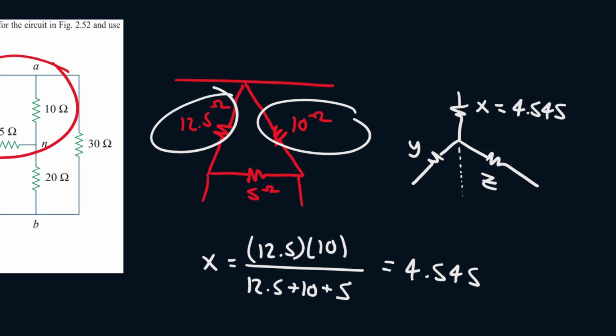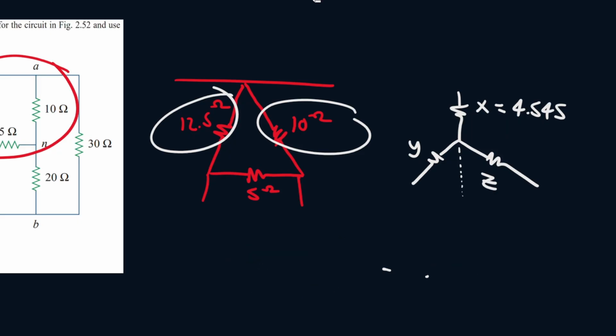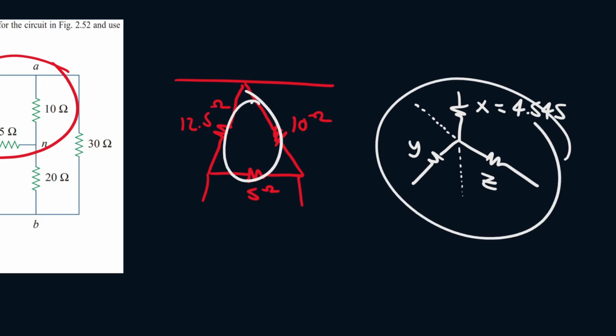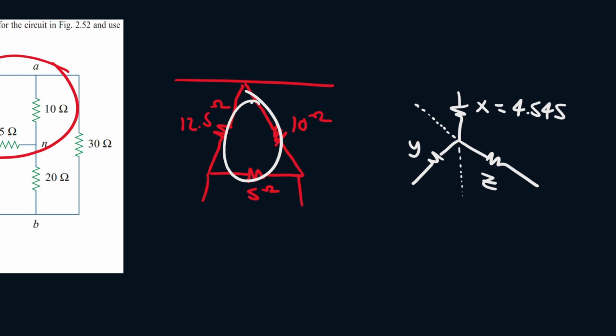Now let's look for Z. Okay, so to find Z, let me erase all of this. To find Z, let's draw a dotted line directly aligned to it, and we notice that this dotted line would be hitting this portion, because if we were to put this inside this triangle, this portion of the dotted line would be hitting the 12.5 ohm resistor, so we won't include that.